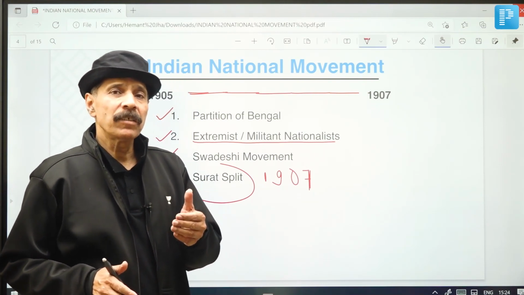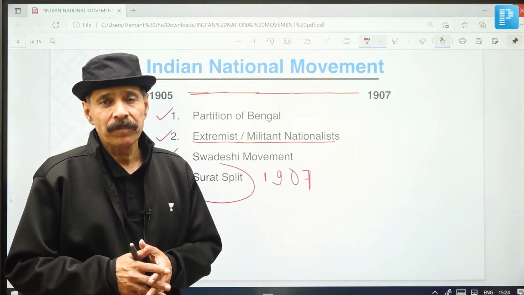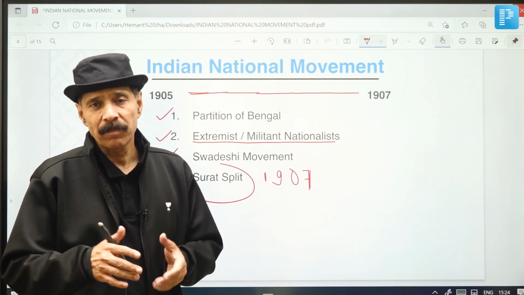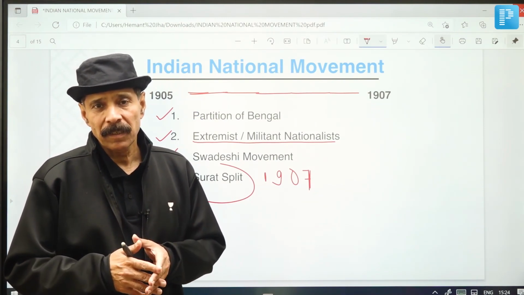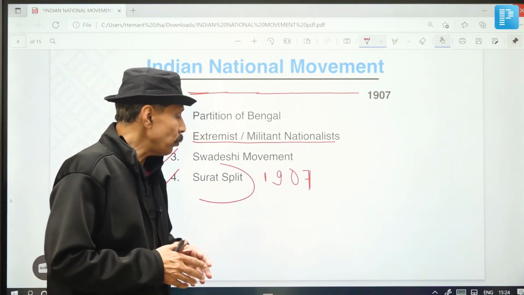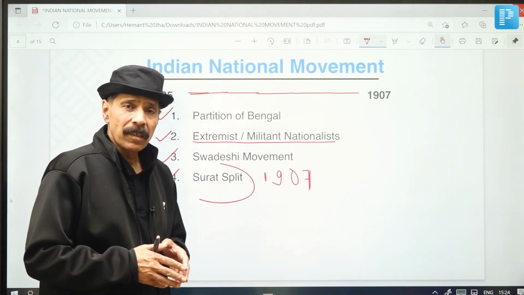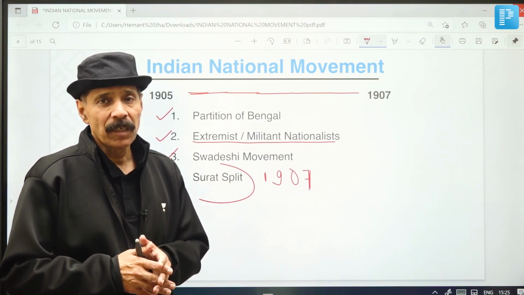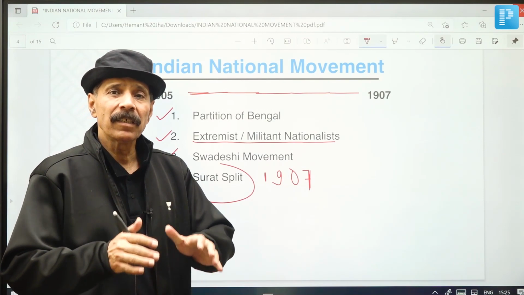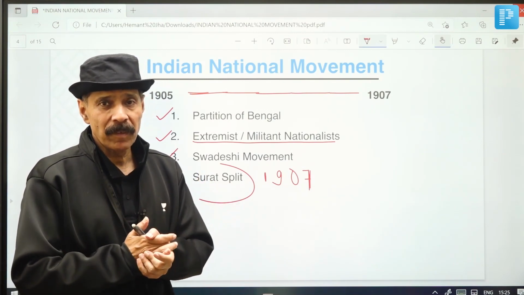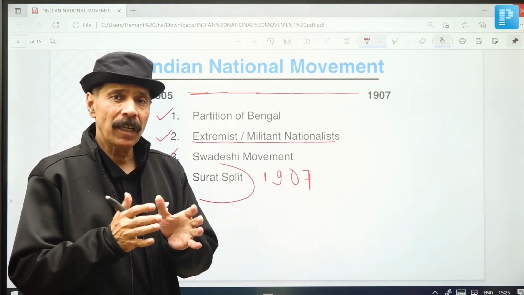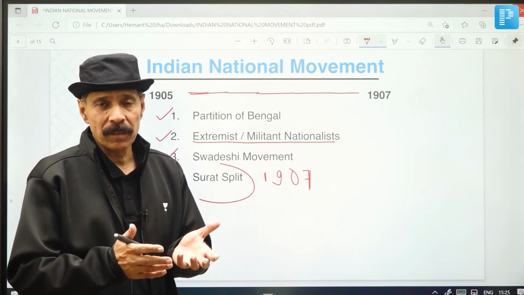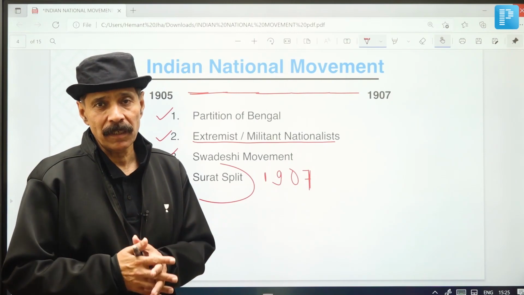But this issue emerged again in 1907 when Rash Behari Ghosh was elected as the president. That was in the Surat session, and this became the immediate cause of the split, though this split was essentially an ideological split. This split weakened the Indian national movement because it weakened the Indian National Congress, which was the platform of the Indian national movement.